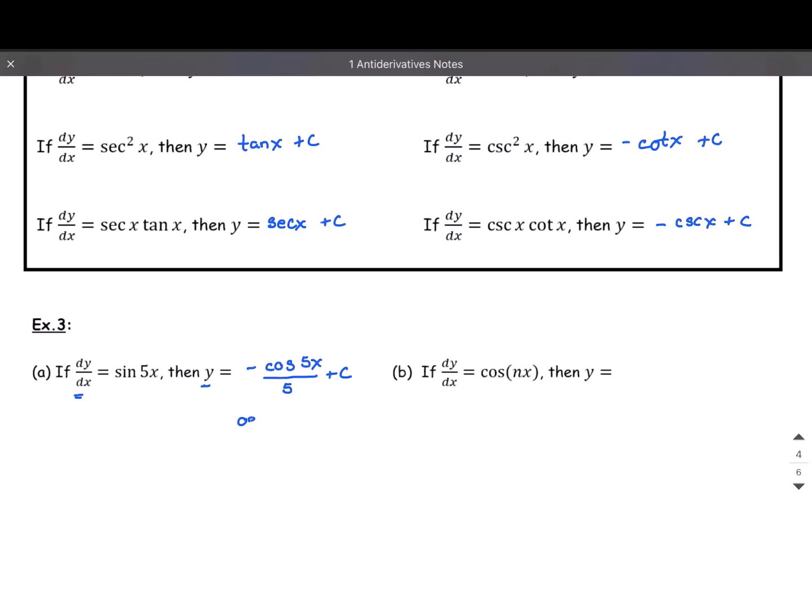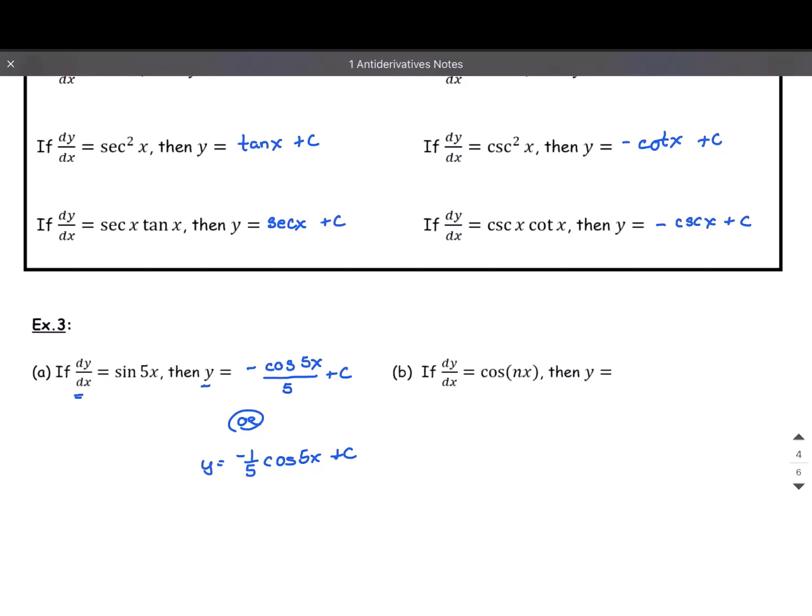Now, that answer's okay, or a lot of people will prefer to write it as negative 1/5 times cosine 5x plus c. They're both the same. I'm perfectly happy. Now, think about what we just did with dy/dx equals sine 5x. Now we have dy/dx equals cosine nx. n is just a constant.